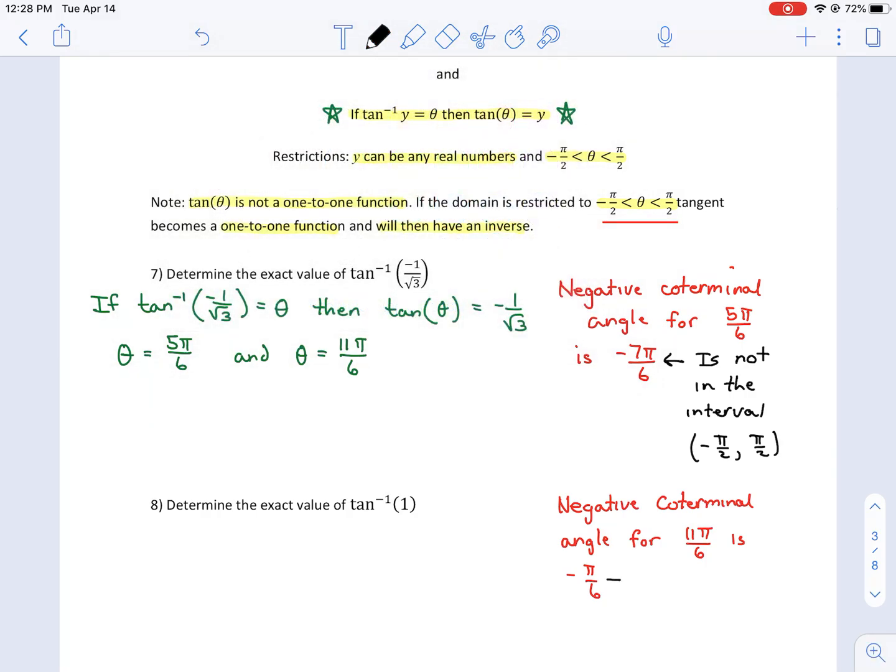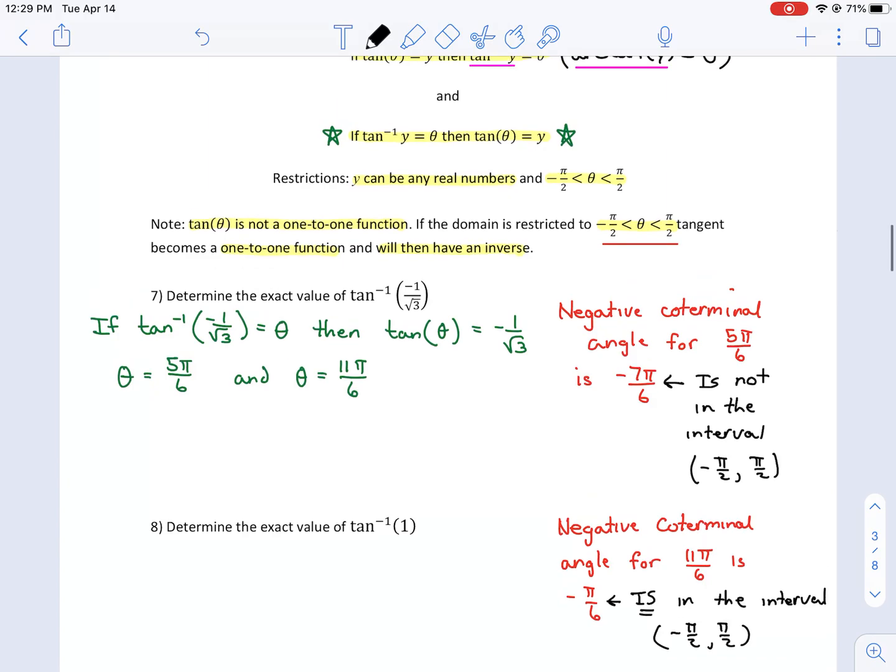And negative pi sixths is in the interval negative pi halves to pi halves. So the inverse tangent of negative 1 divided by the square root of 3 is equal to negative pi divided by 6.